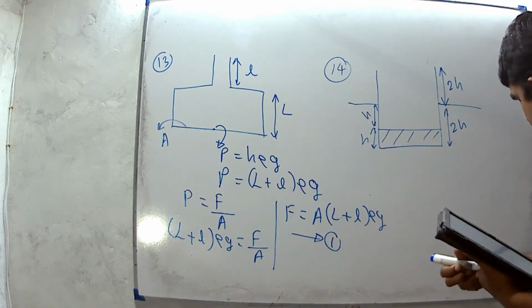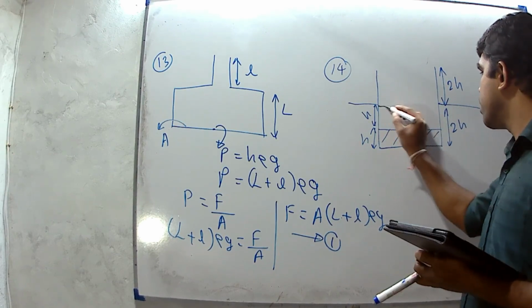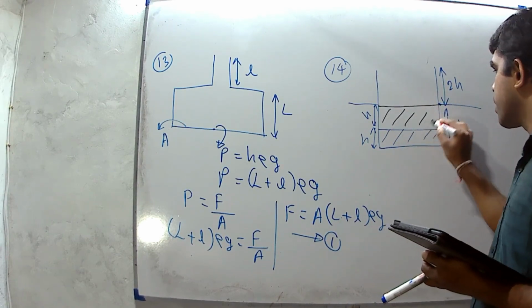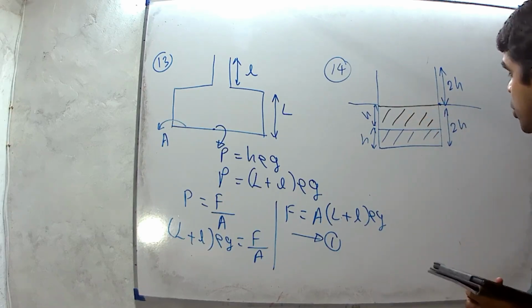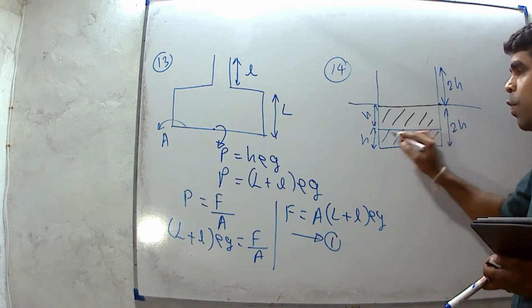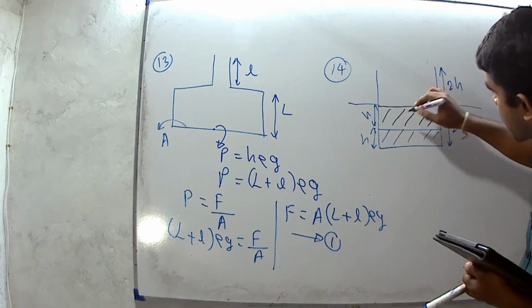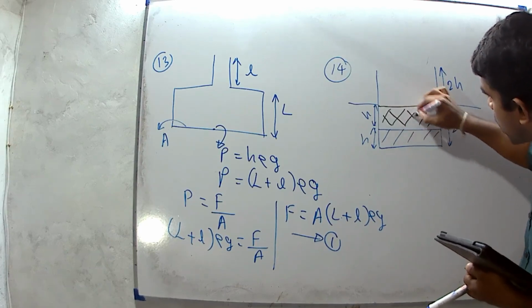We can get the resultant immersed volume as this black colored volume, because there is no upthrust on water due to water. Then the resultant upthrust is acting only on this part.